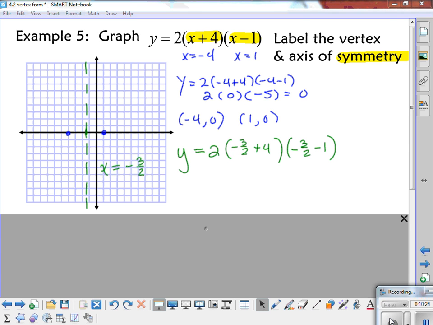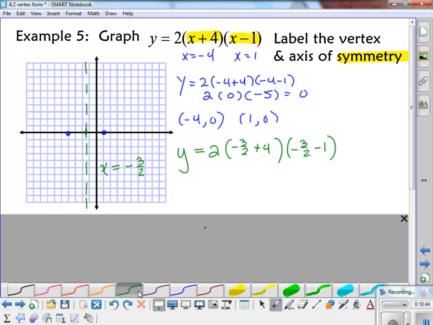When you're dealing with fractions, especially with halves, sometimes it's easier to think of it as money. So if I have negative 3/2, that's negative 1.5, right? And a positive 4. I have $4. I spent $1.50. How much do I have left? I've got $2.50 left.